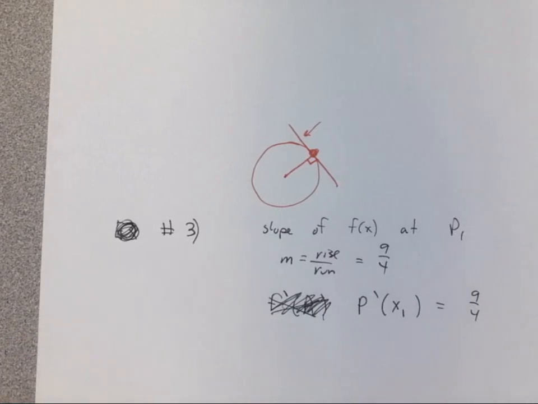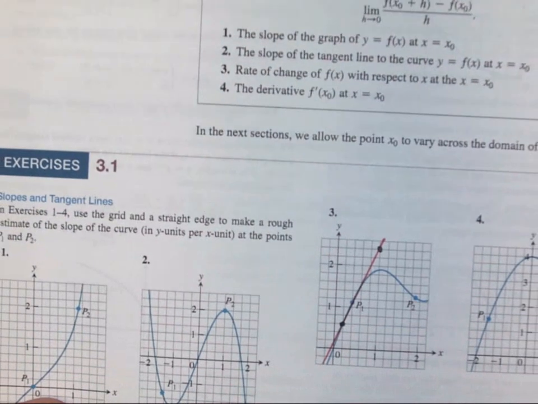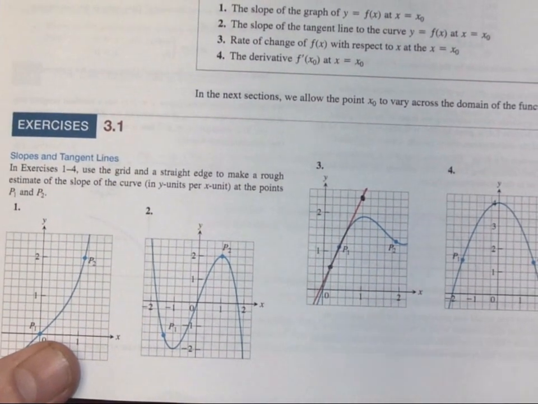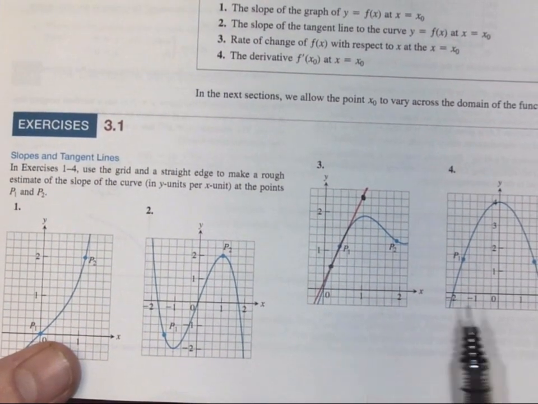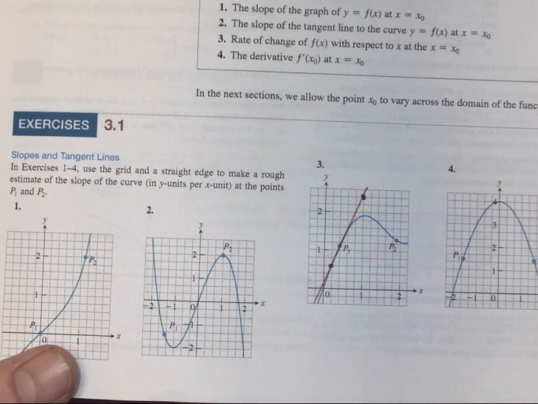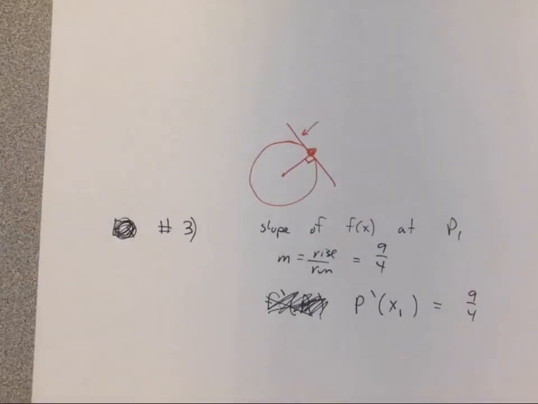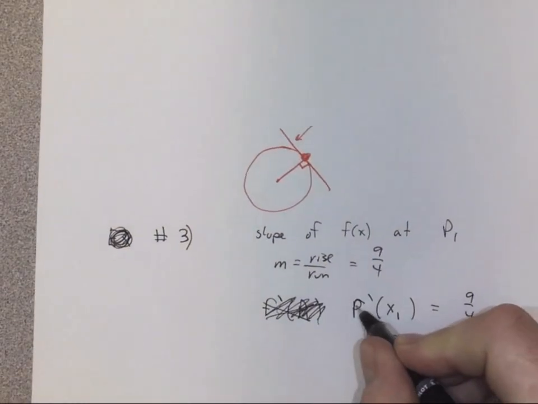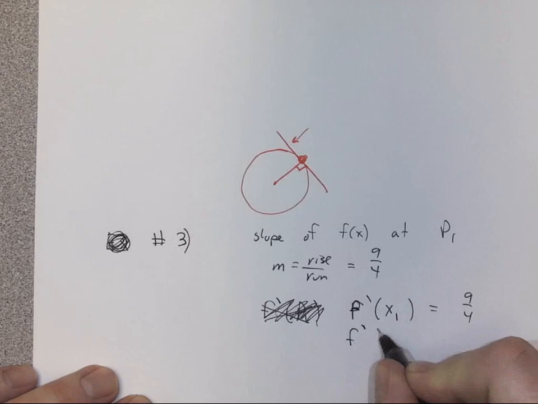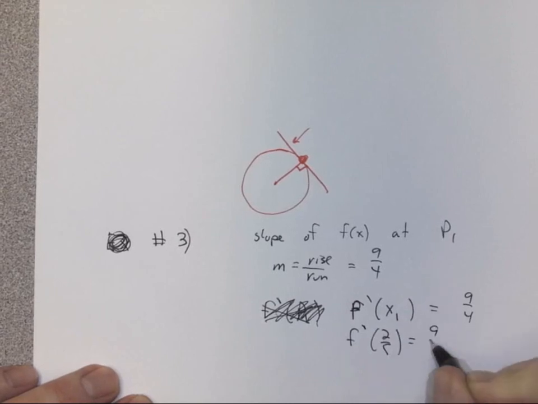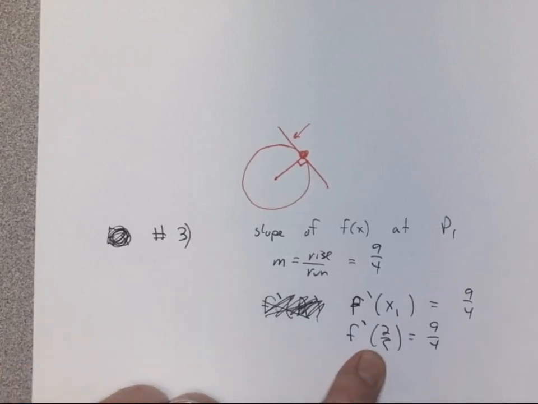So in this case, what is the x coordinate here? P1's on what x coordinate? I don't know. Why do they have to go by fifths? It's 2/5. You guys agree? Because 1 unit is all the way here, so I don't know if you can see it. So technically I think that's supposed to be an f. It doesn't look like one. So this is f prime of 2/5 is equal to 9/4. The slope of the tangent line at the point that goes through 2/5 is 9 over 4.